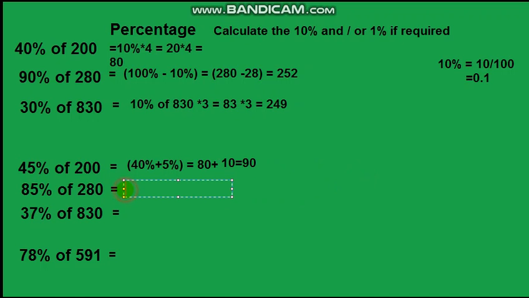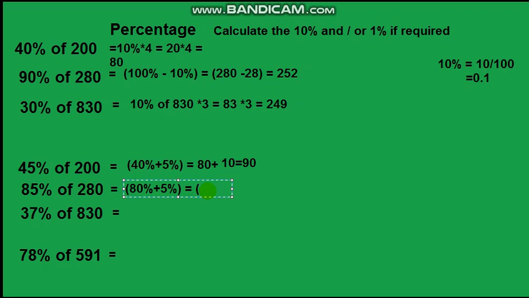Now we will solve this one. 85% of 280. This problem can be written as 80% of the number plus 5% of the number. What is 10% of 280?